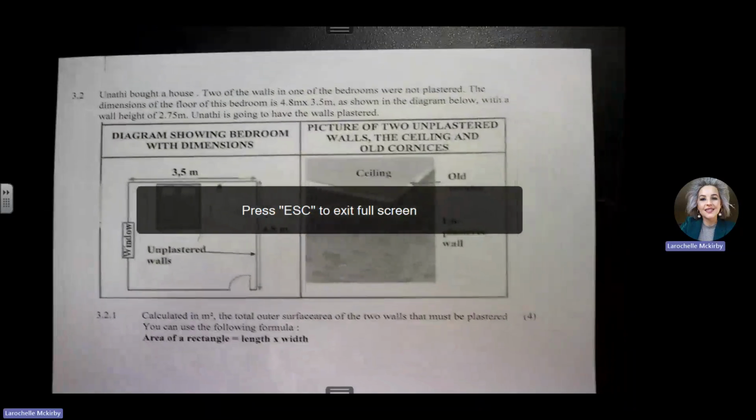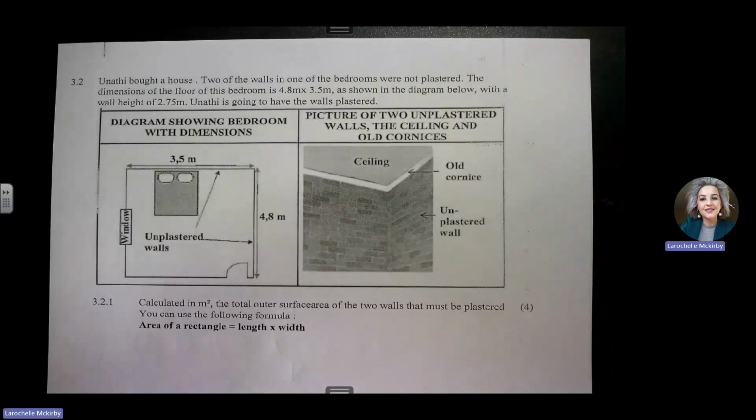Continuing, we say Unati bought a house. 2 of the walls in one of the bedrooms were not plastered. The dimensions of the floor of this bedroom are 4.8 meters by 3.5 meters.